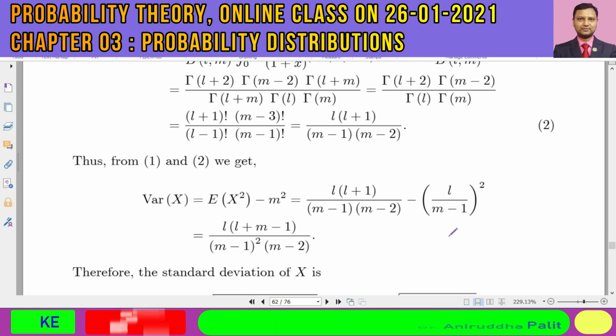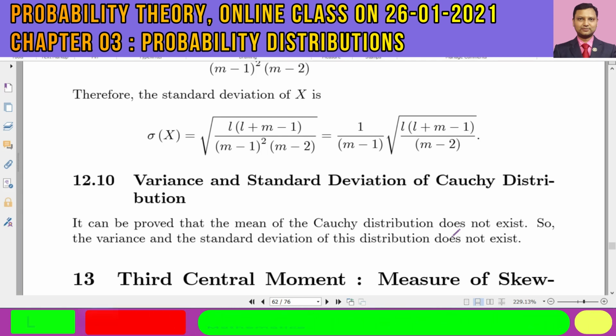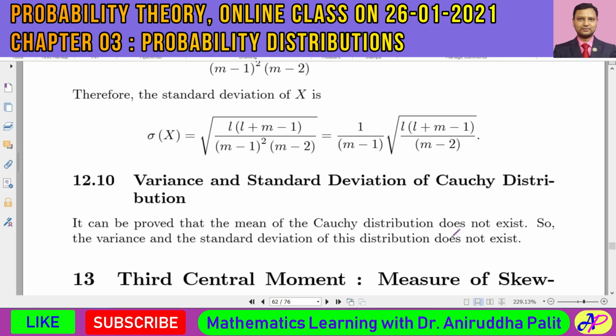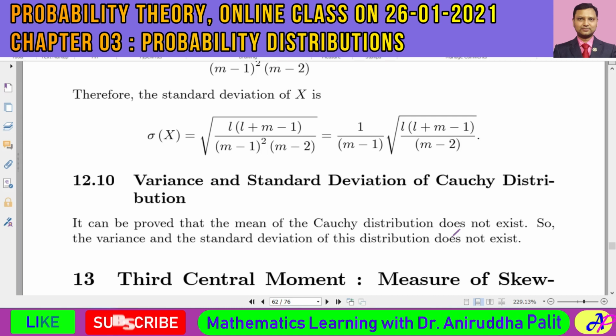And for Cauchy distribution, we already proved that the mean of the Cauchy distribution does not exist, and therefore the higher order moment does not exist either. We already proved that if the higher order moment exists, then the lower order moment exists. It is confirmed. And so, by the converse, if the lower order moment does not exist, then the higher order moment does not exist.